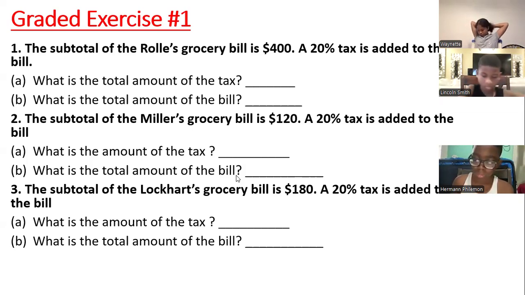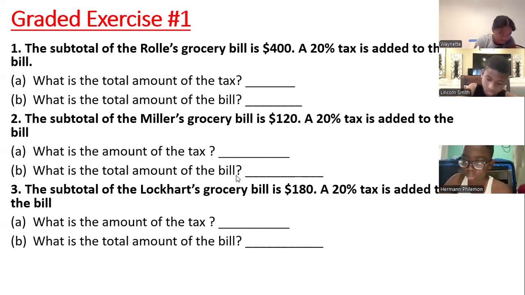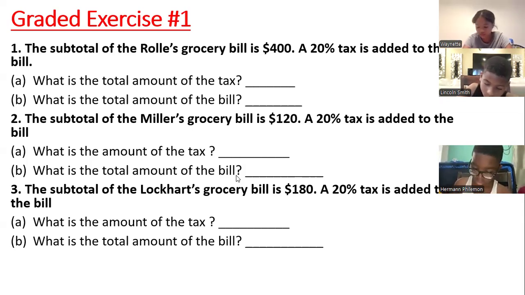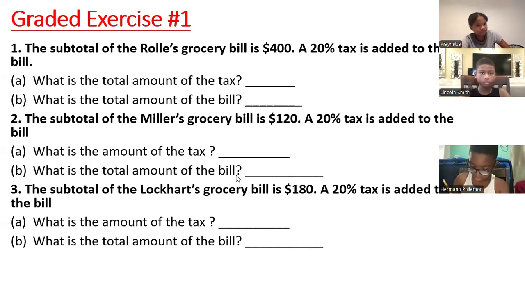Winnet, what number are you on? Number 2A. What did you get for number 1A and B? For number 1A, I got 80, and number 1B is 480. 480. Okay, very good.